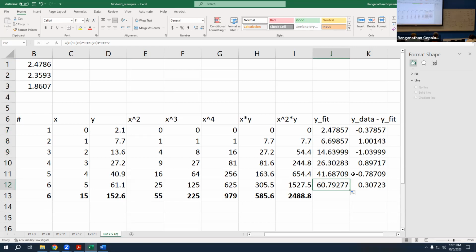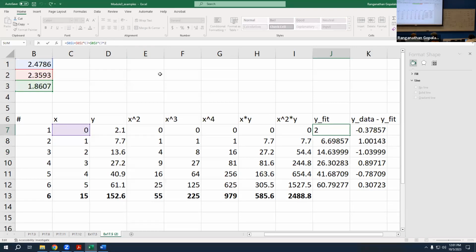So I have to take my B1 plus B2 times X plus B3 times X squared. B1, B2, B3 must be frozen, so you press F4 so that you get the double dollar sign. You can also see it here at the top. Somehow I'm not able to magnify that, so let me do it again for you.